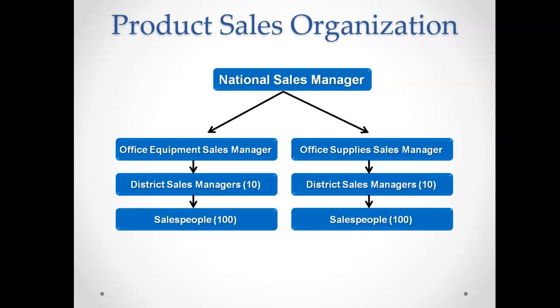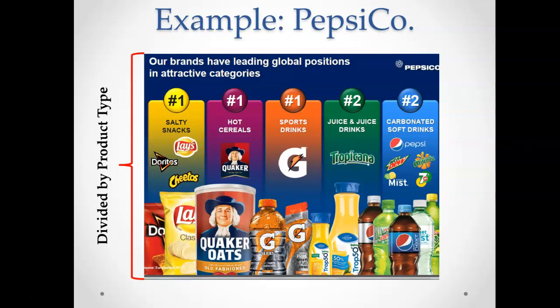Whereas in the geographic organization, you're going to sell all the products and services within that region. So this gives you more level of specialization. One example would be Pepsi, and they are divided by product type. The other thing I would note here, and you can see those different product types, is they're also divided by who they sell to.